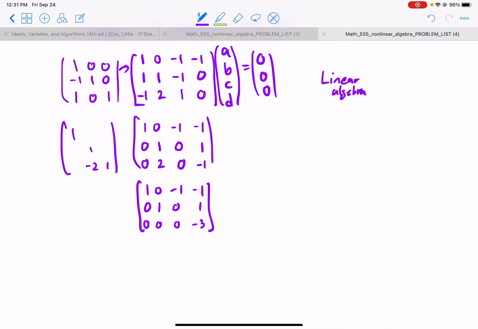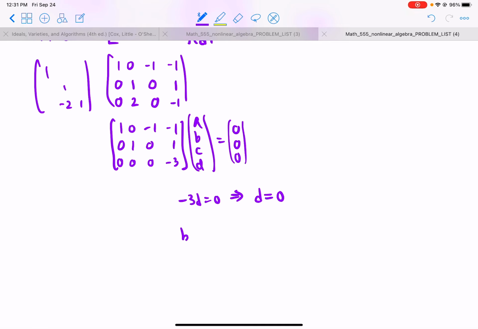okay, so inspecting this equation here, we can immediately read off the solutions, namely that minus 3d equals 0 implies that d equals 0. Then the second row says that b plus d equals 0, but we already said that d was 0, so b is 0. And the third row says that a minus c minus d equals 0, but we know that d is 0, so a is equal to minus c.